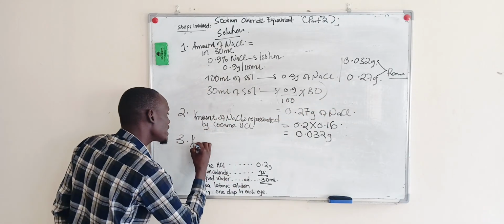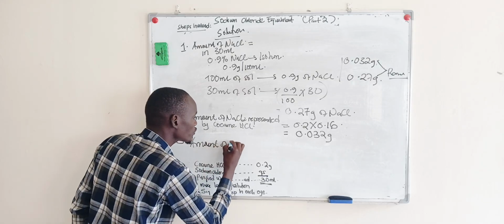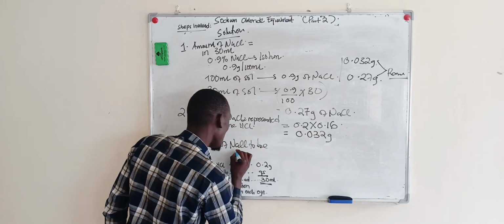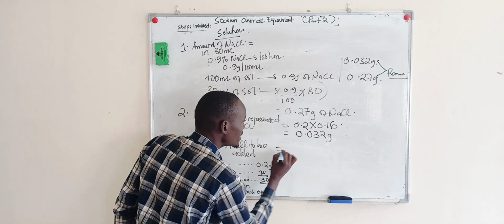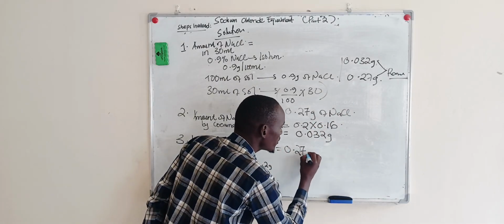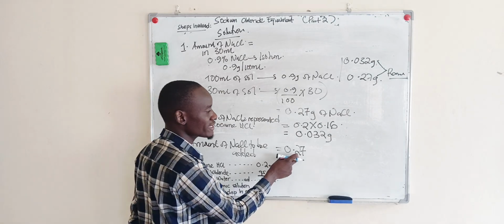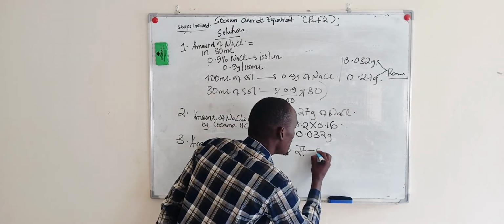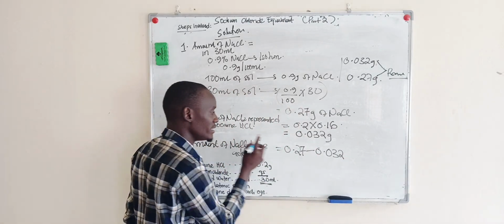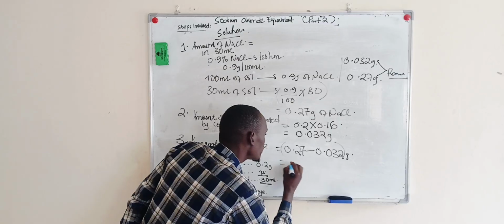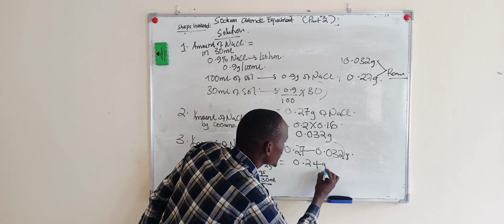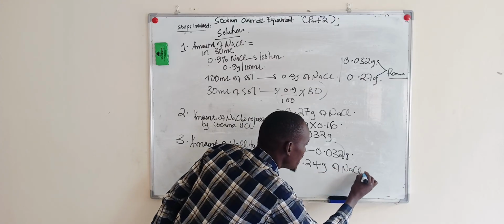So, we shall obtain the amount of sodium chloride to be added, which is simply the difference between the amount of sodium chloride required to adjust such a solution to isotonicity minus the amount of sodium chloride represented by cocaine hydrochloride. And when we subtract this, we shall get 0.24 grams of sodium chloride.